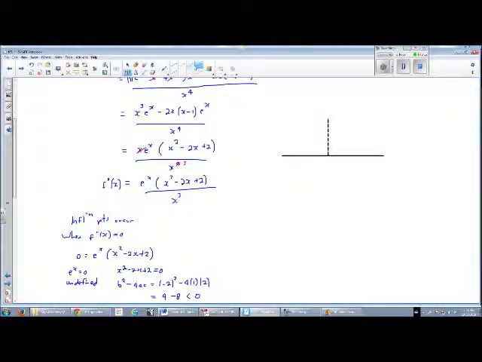So now we substitute a value less than 0 into the second derivative, and we see that it's negative to the left of 0, which means it's going to be concave down. And when we substitute a positive value into here, we see that it's positive when x is greater than 0, which means that the graph is going to be concave up to the right of that.